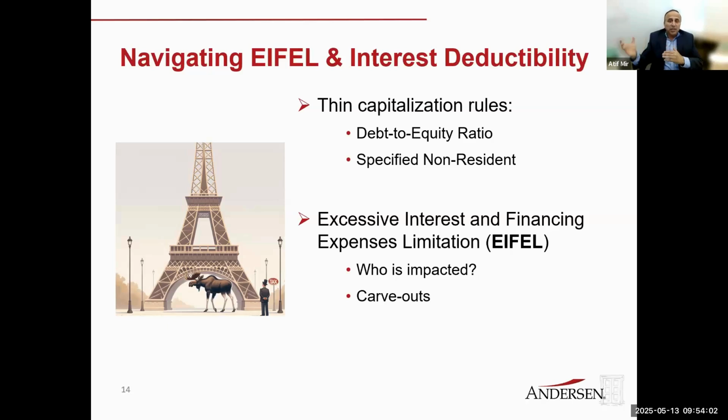If you have another entity in Canada that has lower expenses and more revenues, you do the same calculation with them, and you see if you can transfer some of the excess capacity of that interest deduction to your Canadian party, which is caught by the EIFEL rules, and they can't deduct their interest. So something to watch out for.